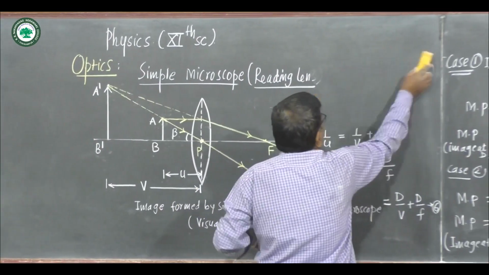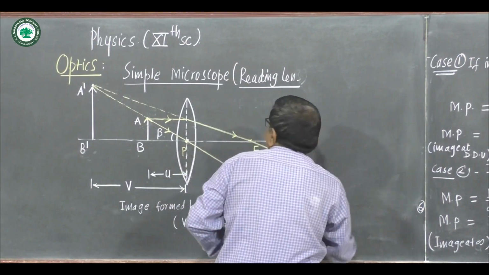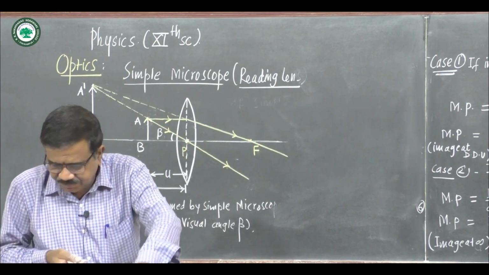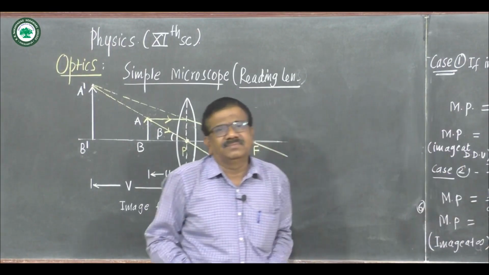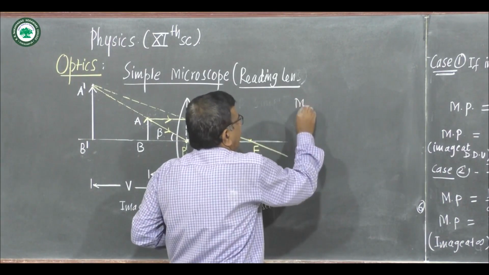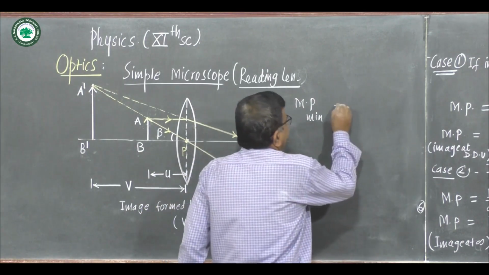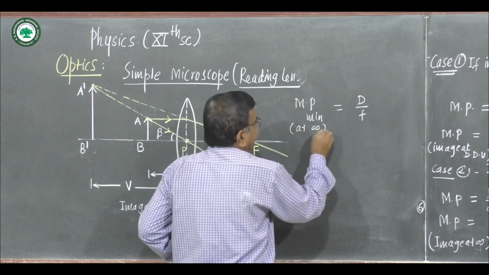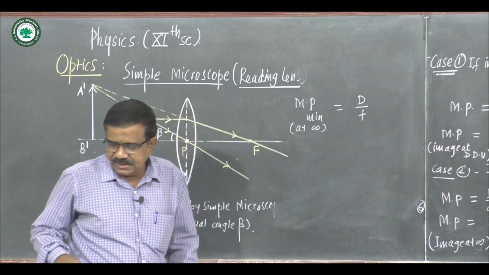See equations 7 and 8. From equations 7 and 8, it is clear that the magnifying power of the simple microscope is minimum for the image at infinity, and that is D upon F. And it is maximum for the image at DDV.